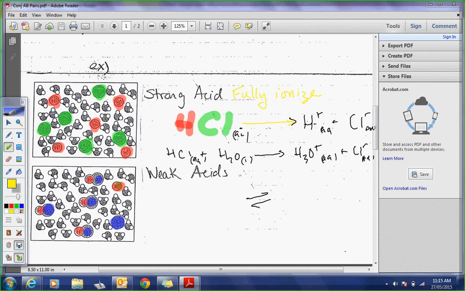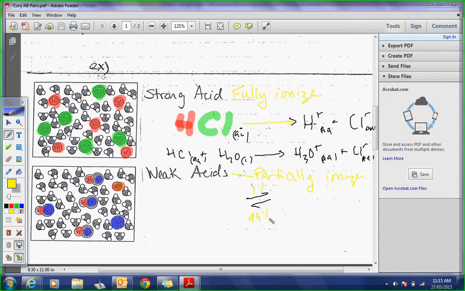So we say that they partially ionize. How do you spell partially? Thank you. Okay, they only partially ionize. For example, as we were talking about in the organic unit, like only 1% become H plus and Cl minus, and 99% might stay together, hence the diagram.